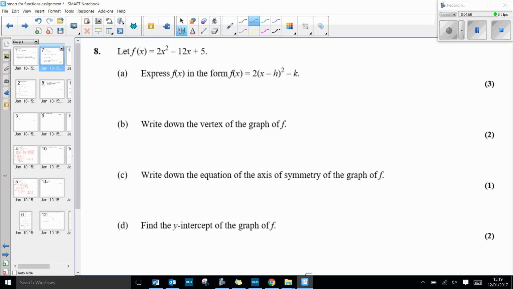Okay, 2x squared minus 12x plus 5, so we're completing the square. So we ignore the plus 5 to start with, and bring out a common factor of 2. Halve this number.